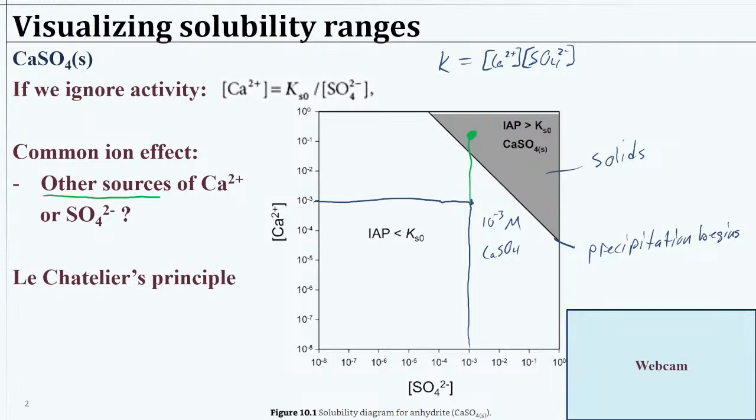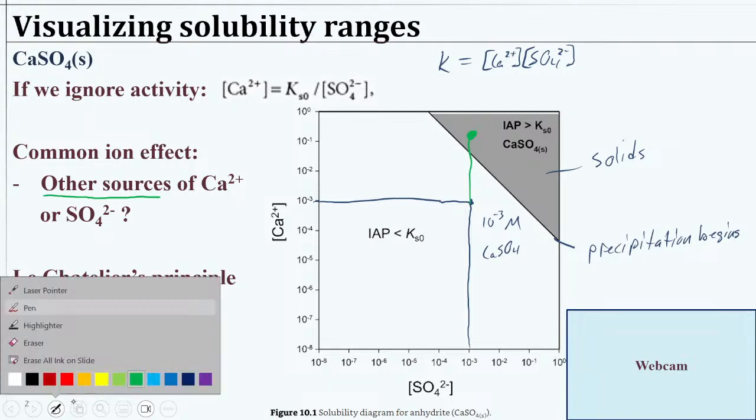But as you can see, this is what we call the common ion effect. So if you're ever doing some chemical analysis in seawater, for example, and you have to have a buffer in your solution and so on, you add in the seawater and suddenly things start precipitating and ruins your method. Well, it's this common ion effect. There's too much concentration of something and it's throwing your chemistry off.